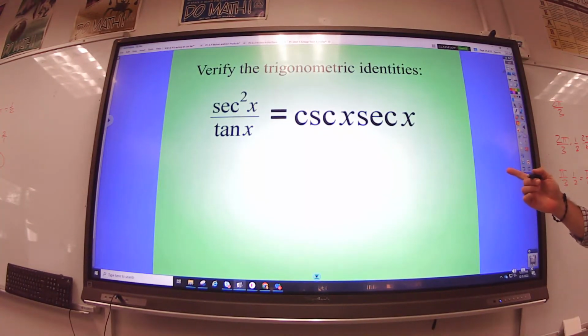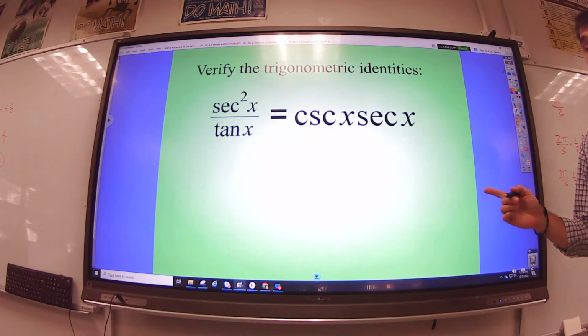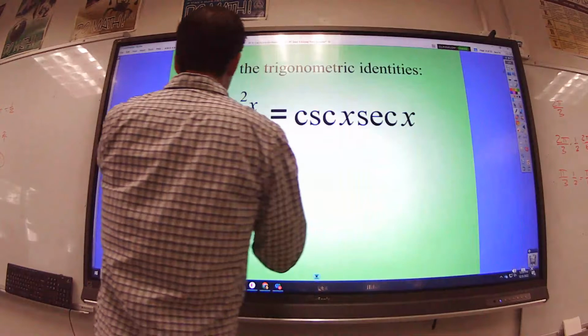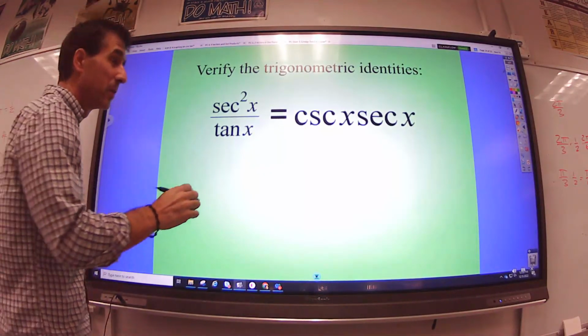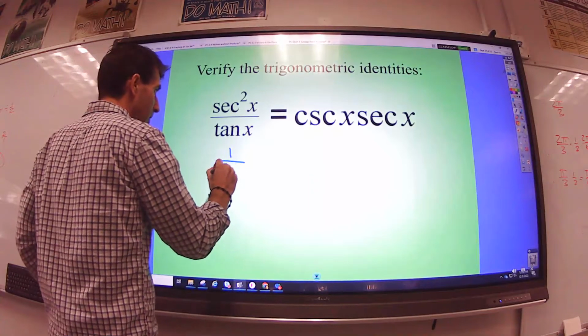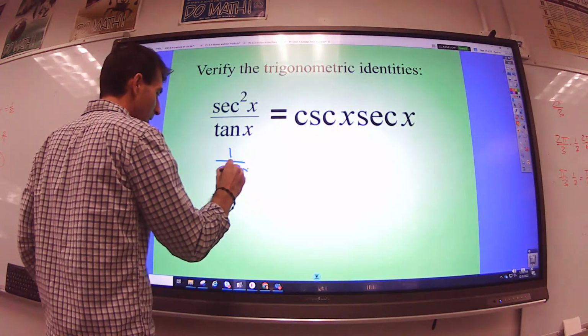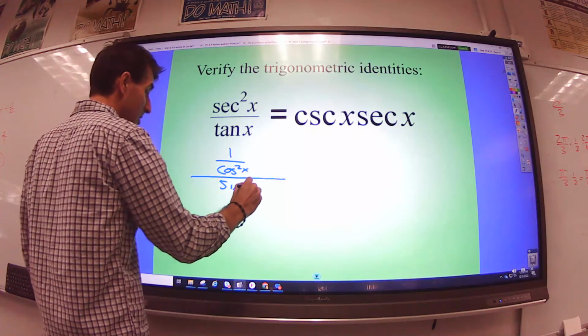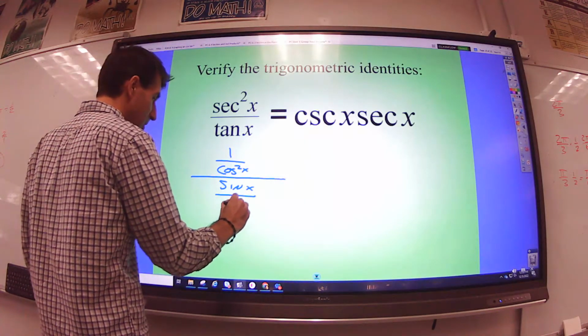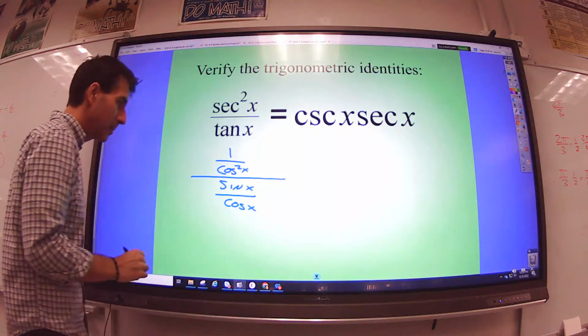Did we do this one? No. Secant squared x is what? Let's make this equal this. Let's make everything sine and cosine here. Secant is what? 1 over cosine squared x, all over tangent, which is sine x over cosine x, right?